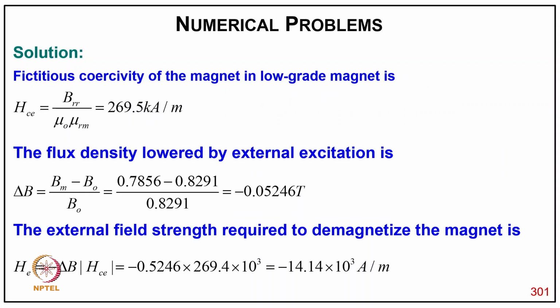Now, the fictitious coercivity of the magnet in the lower grade magnet is Hc equal to Brr upon mu 0 mu Rm, that comes to 65.5 kiloampere per meter, and the flux density lowered by external excitation is delta B equal to Bm minus B0 divided by B0, and putting value it comes minus 0.05246 Tesla. The external field strength required to demagnetize the magnet is He equal to minus delta B into Hc, and putting value it comes minus 14.14 into 10 power 3 ampere per meter.